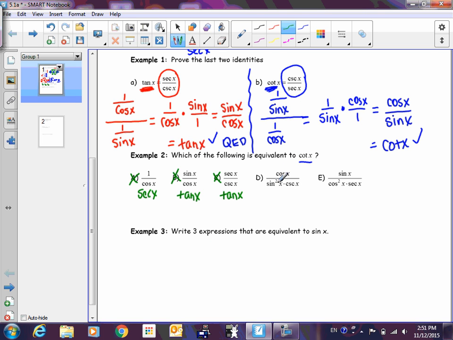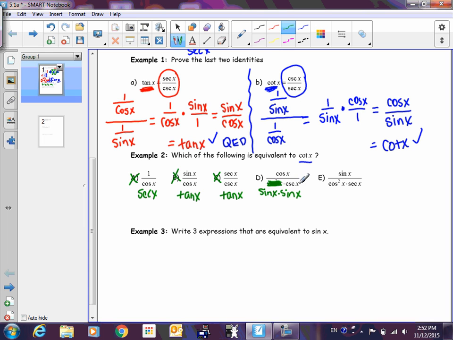Okay, one thing I want to point out is when you see sine squared x, that's the same thing as sine x times sine x. So I want you to scratch out sine squared, and I want you to write in its place sine x times sine x. All right.